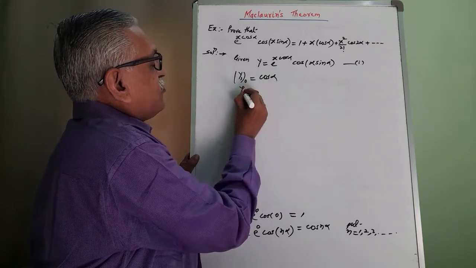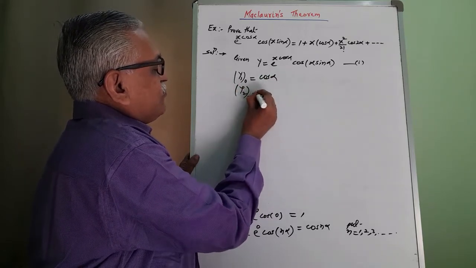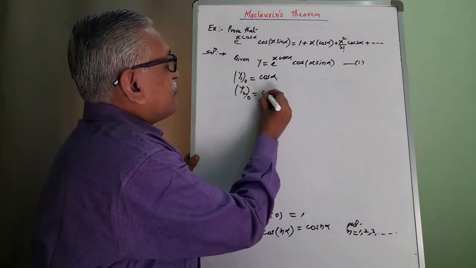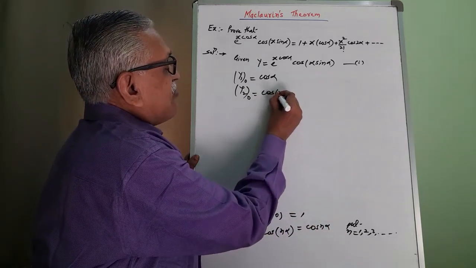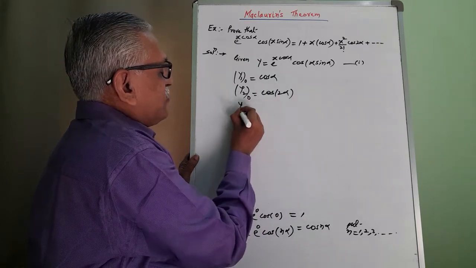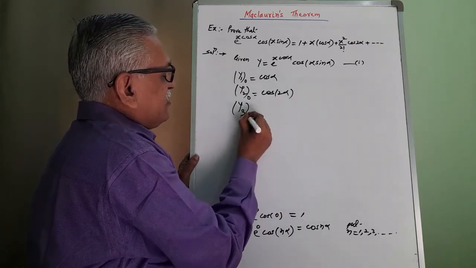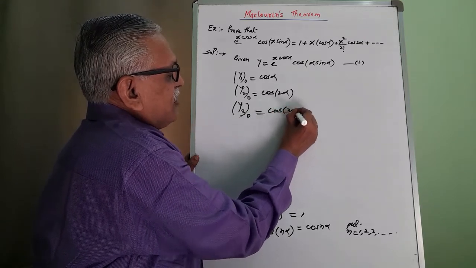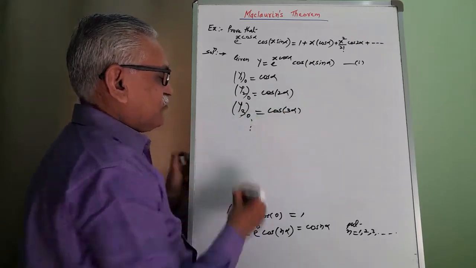Next, y2 at 0, for n equal to 2, we get cos of 2 alpha. For n equal to 3, we get y3 at 0 as cos of 3 alpha, and so on.